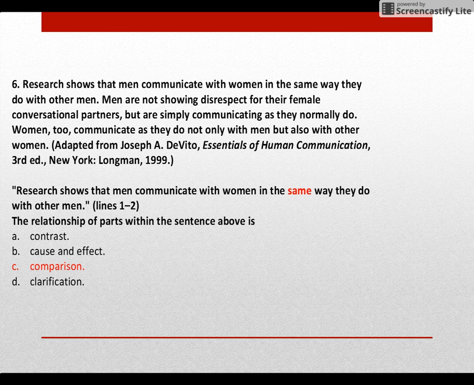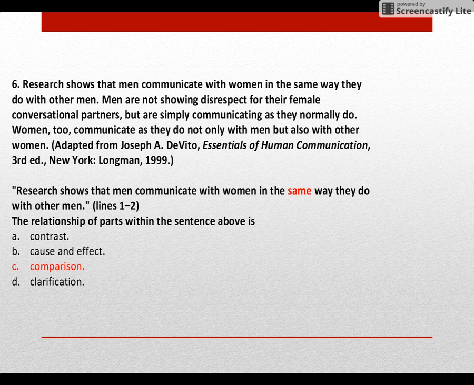If you look here, okay, C, comparison, has a signal word, same, within that sentence, okay? So that is the final step. Do not go ahead and immediately look for keywords before going through this process, because there will be multiple sentences that have a combination of such, okay?